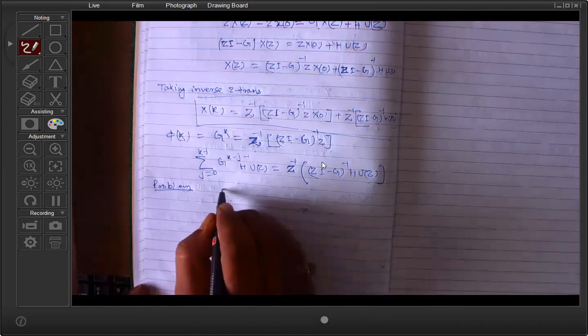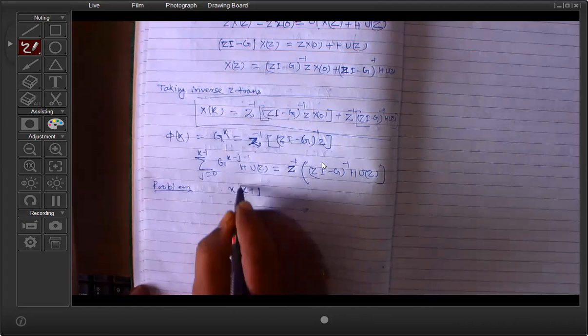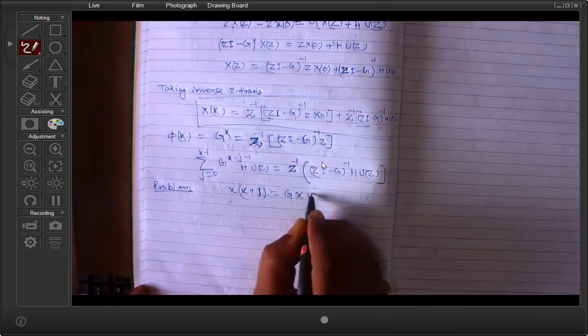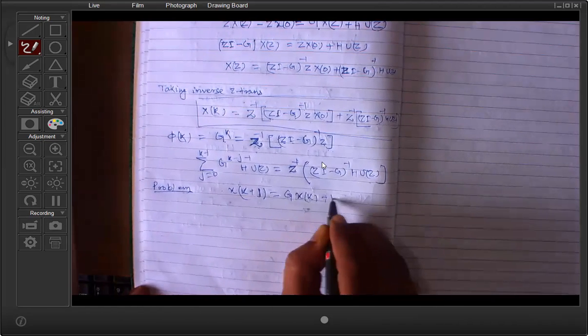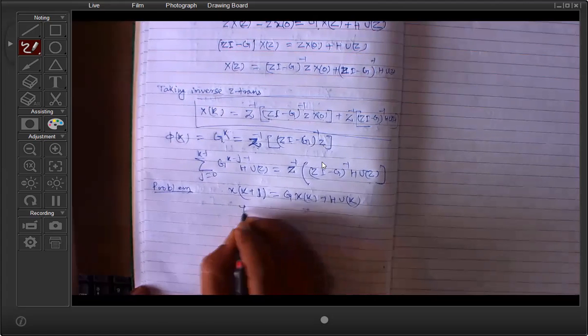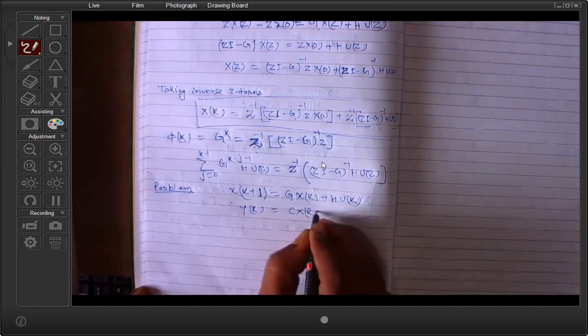Suppose you have a discrete state variable equation x(k plus 1) equal to G x(k) plus H u(k), and y(k) equal to C x(k).